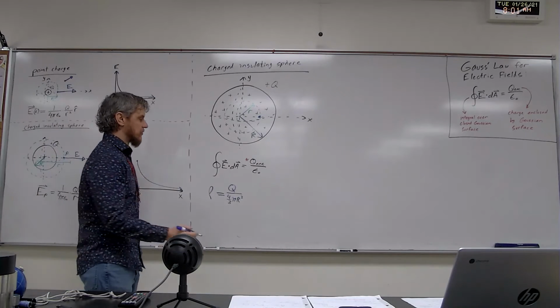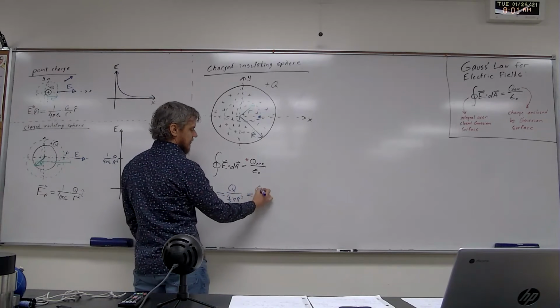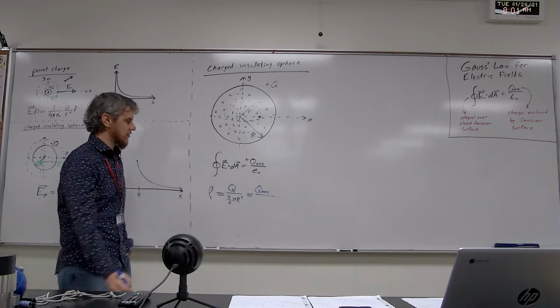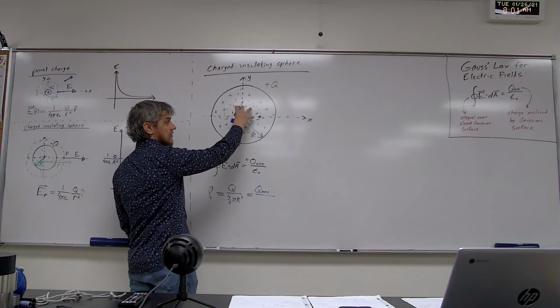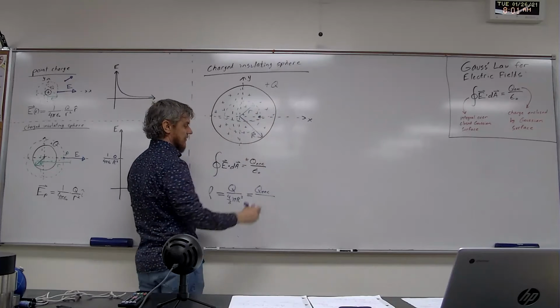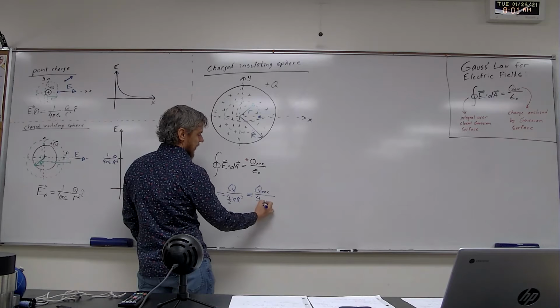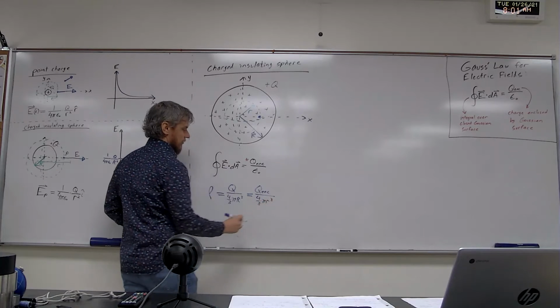If I have uniform charge density, though, this should be exactly equal to the enclosed charge divided by the volume of the Gaussian surface. Charge density inside our Gaussian surface should be the same as the charge density of our actual sphere. So that'll be over 4/3 pi times little r cubed.